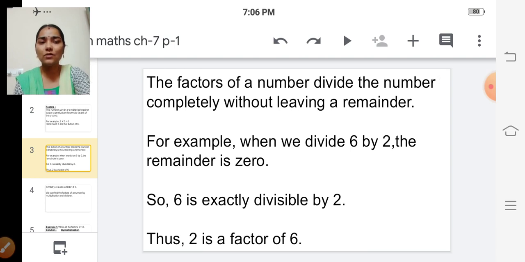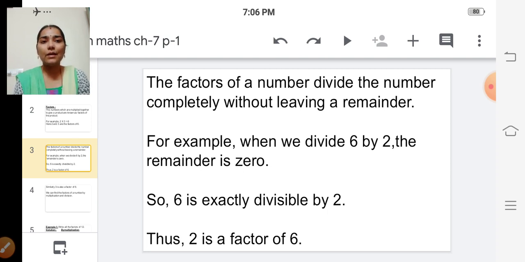The factors of a number divide the number completely, exactly or completely, without leaving a remainder. Without leaving a remainder means it leaves 0 as the remainder.